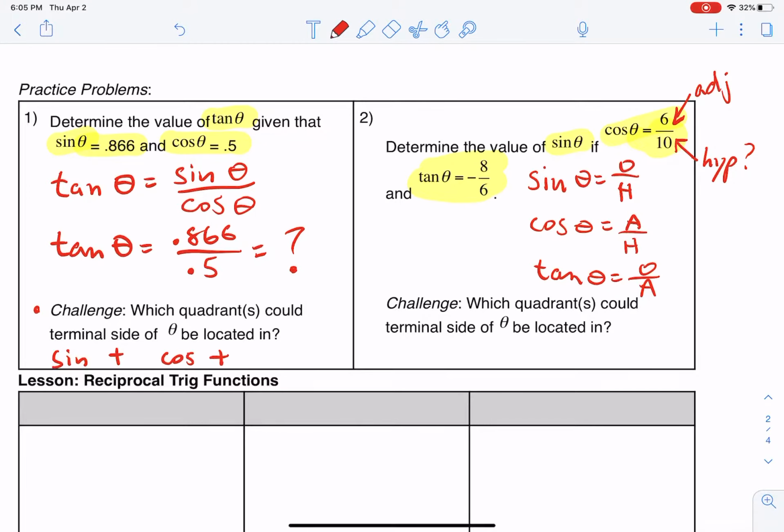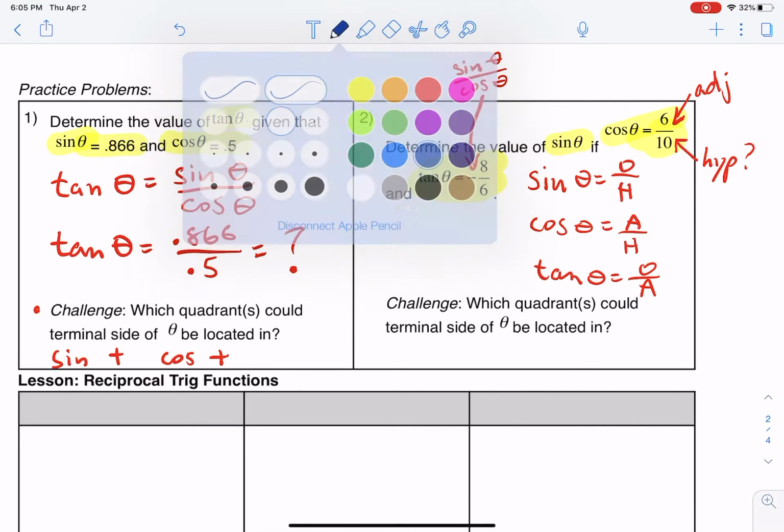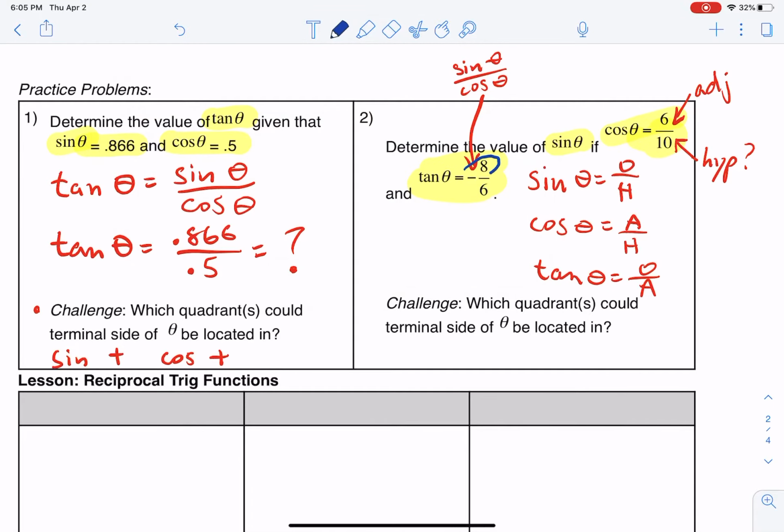Now, thinking back to our ratios and our new identity, tangent of theta is the same as sine of theta over cosine of theta. So we should be focused in on our numerator here.